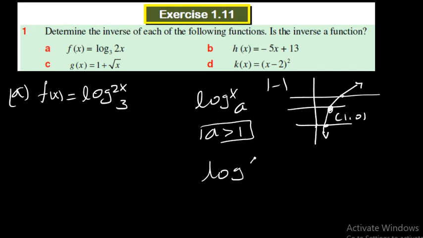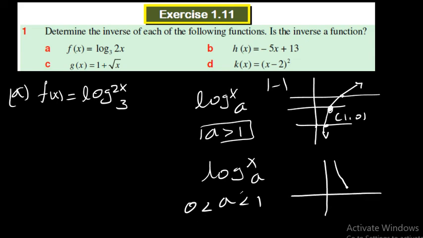But the logarithm of x to the base a, when a is less than 1, the number a cannot be negative. That means when I say less than 1, it has to be between 0 and 1. This time, the curve will be decreasing. It's the same, passing through the point 1, 0, but it's decreasing. Up left, down right.